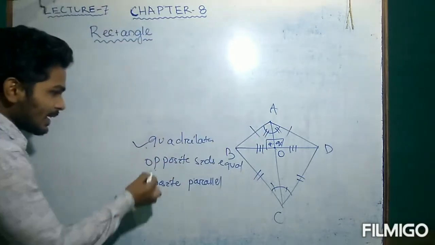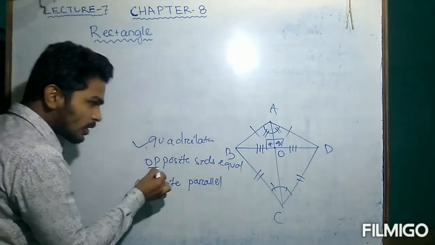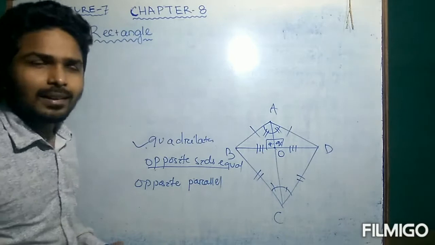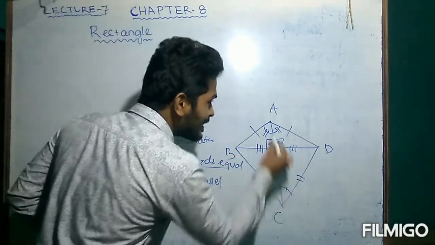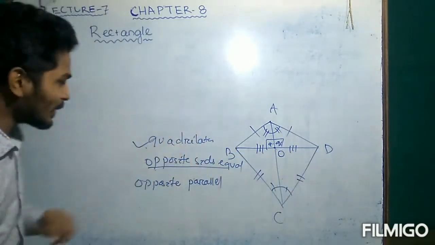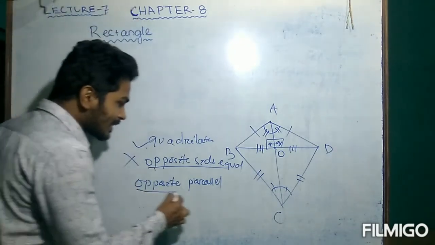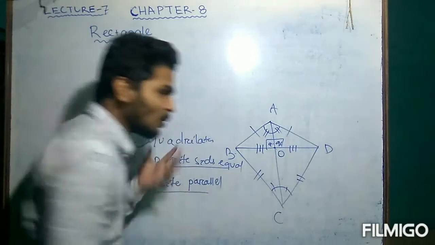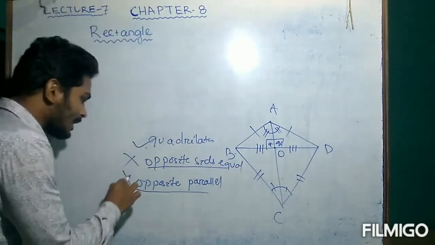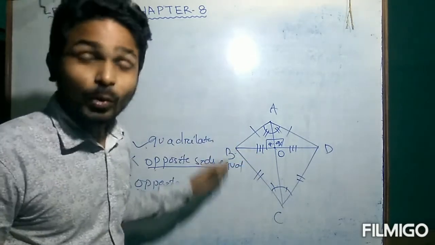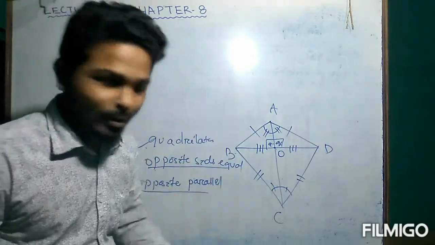Coming to the second property. Here, in the case of a kite, are the opposite sides equal? Can you write BC is equal to AD? No, we can't write that. Can we write that BC is parallel to AD? No, they are not parallel. So a kite does not follow all the three compulsory properties of a parallelogram.